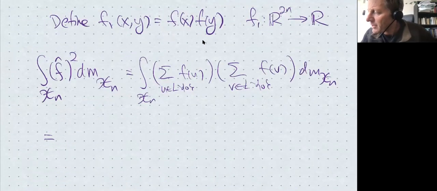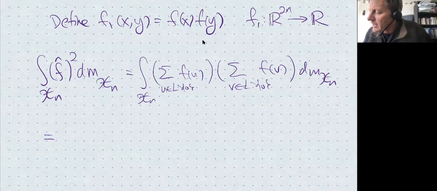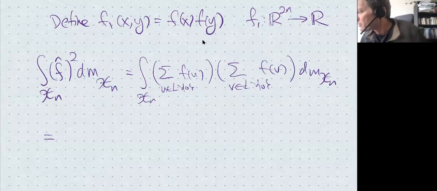I opened up the meaning of f hat, and then I'm going to open up this product. When I do that, two terms are going to appear. I'm going to get f of u times f of v when u and v are a pair of linearly independent vectors, and when there are linear dependencies.